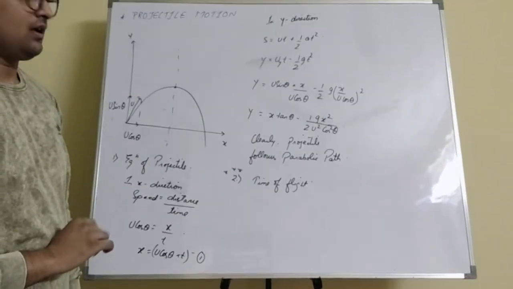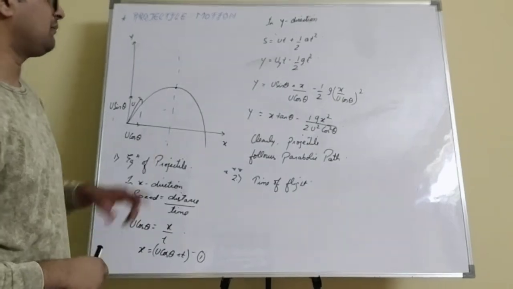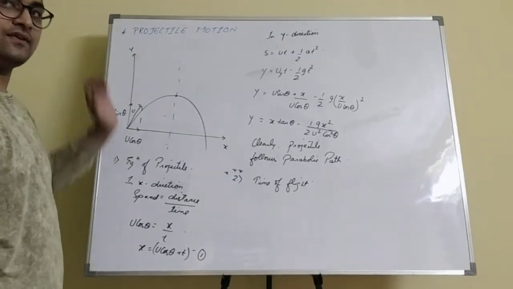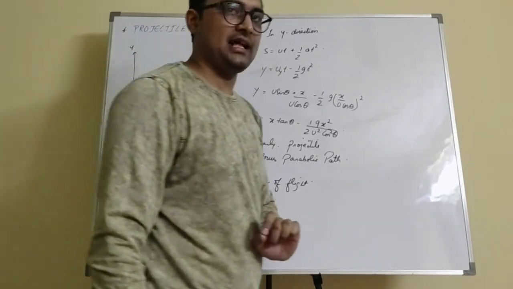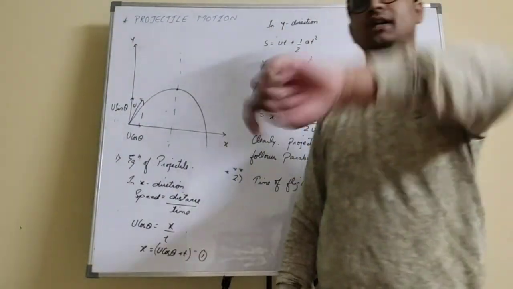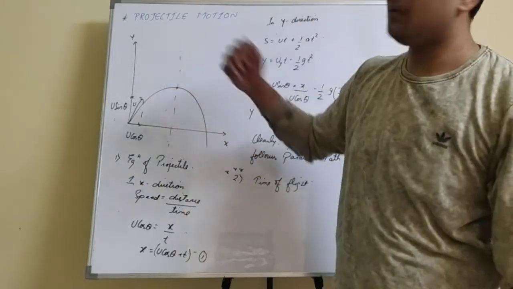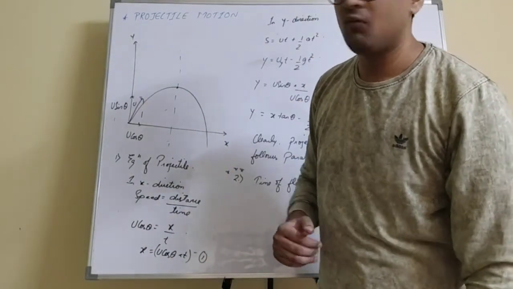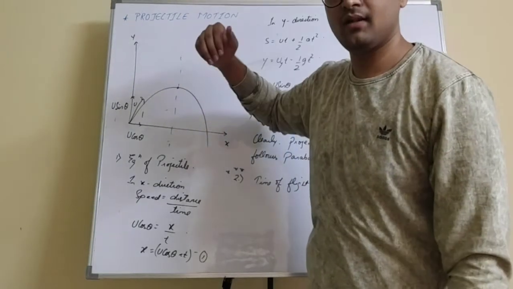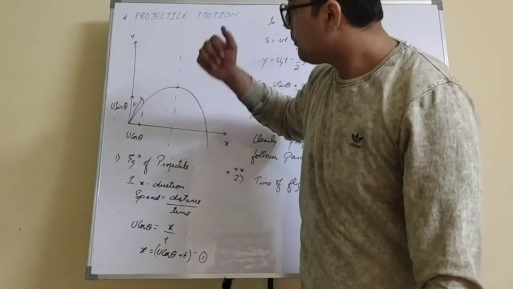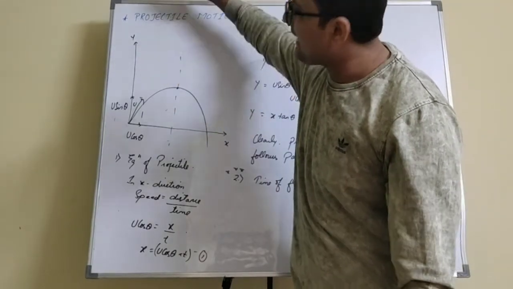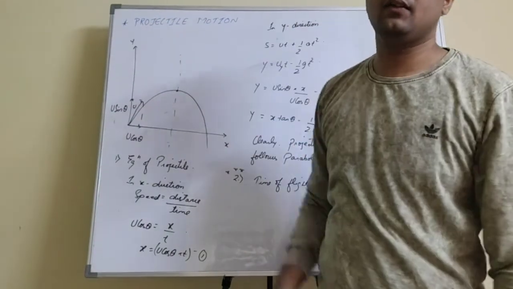Now remember, at maximum height, velocity in y direction is 0. It's not 0 in x direction. And why is it 0 in y direction? Because it's the maximum point achieved by the projectile. Why is it not going any further? Because its velocity along y direction, or vertical direction, is 0.